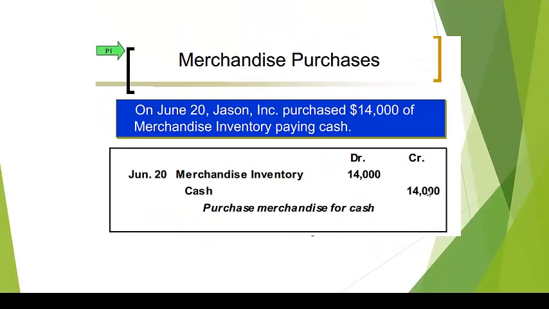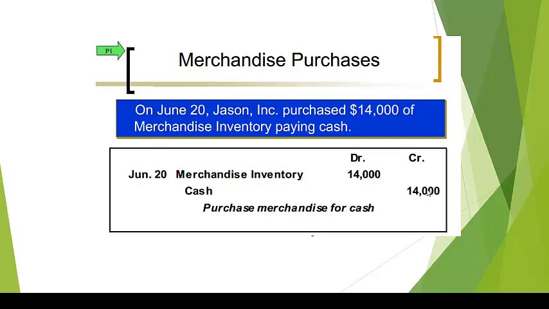When purchases take place related to inventory, we need to understand that inventory is an asset. An asset is a naturally occurring debit account, and what we see here is the purchase of inventory is a debit, in this case a debit of $14,000.